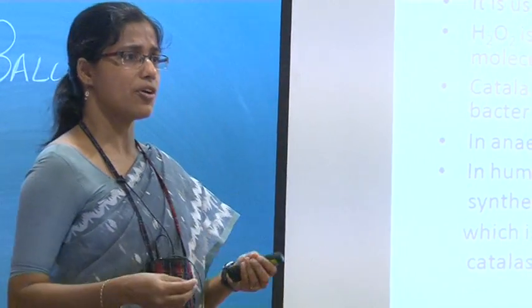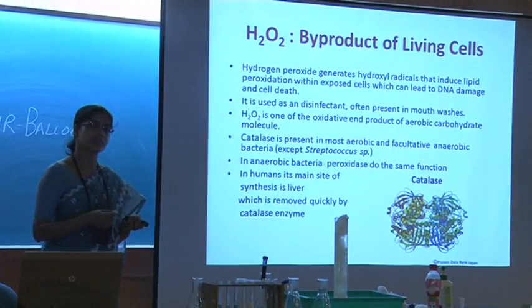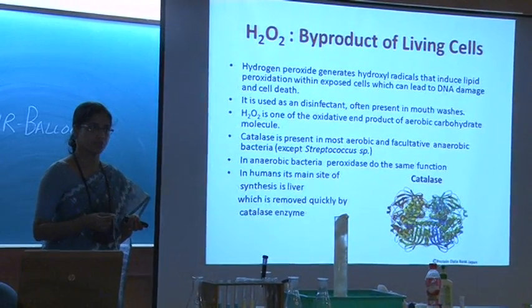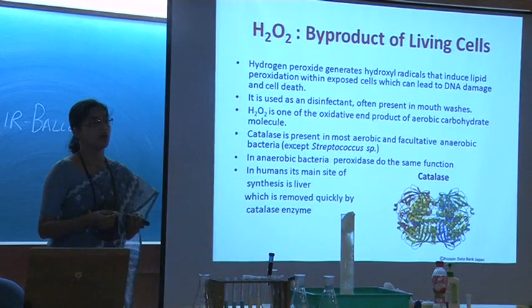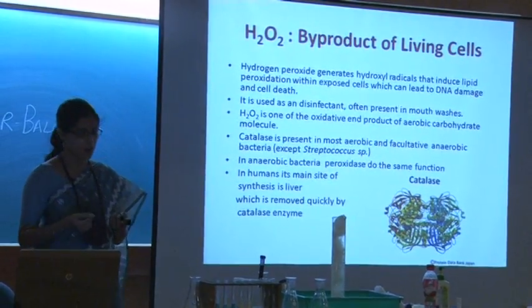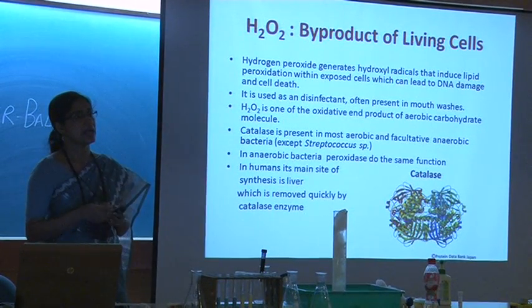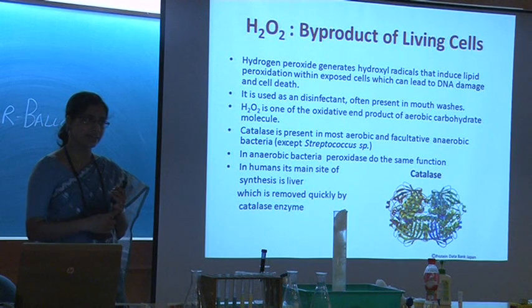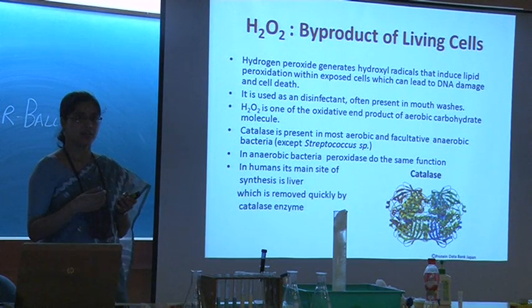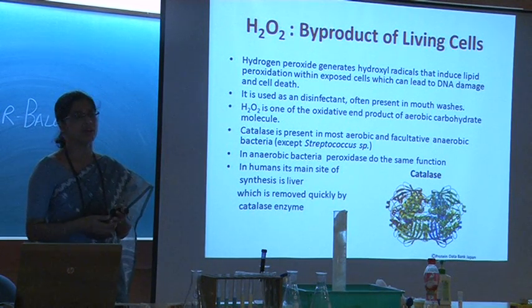Now in our body, or even inside the cells, hydrogen peroxide is produced. How or when? It is produced by aerobic bacteria. Aerobic means, I think you know what aerobic bacteria are, right? Those which can utilize oxygen or grow in the presence of oxygen.